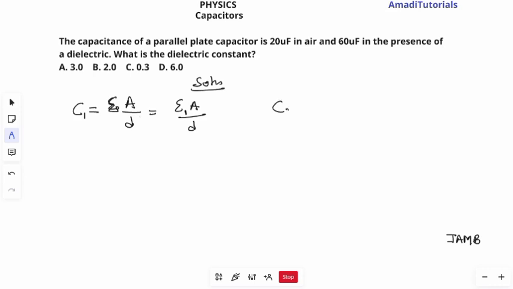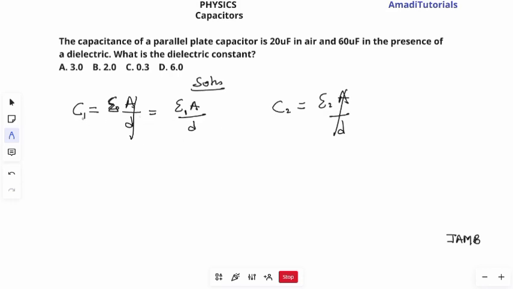Then for C2, it is epsilon 2 times A over D. So now, if we are to find the dielectric constant, since the areas are the same and the distances apart are the same, they cancel each other, because if you operate on both of them, they will still cancel each other.